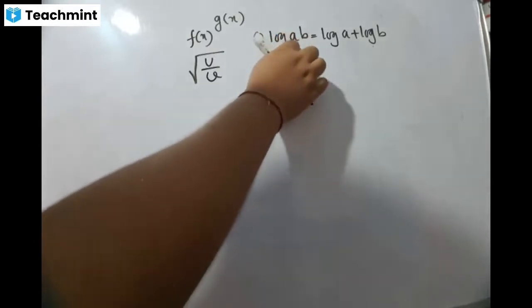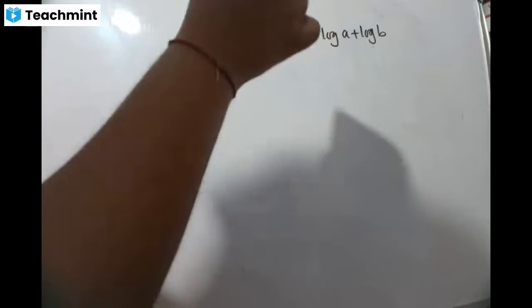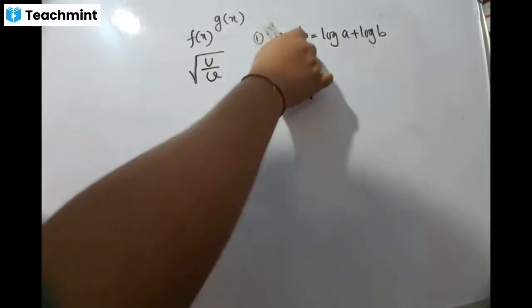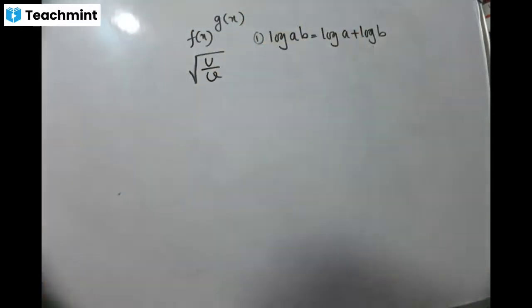But the moment you apply log, the product gets separated: multiplication changes to addition. So you no more have to use the product rule. That is why applying log makes the derivative very easy for many functions.